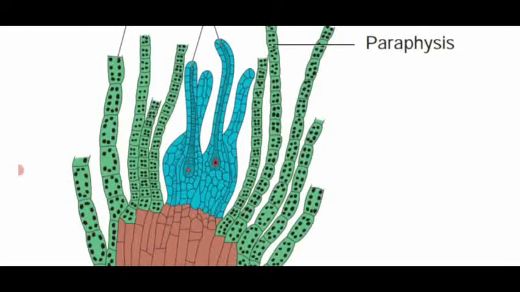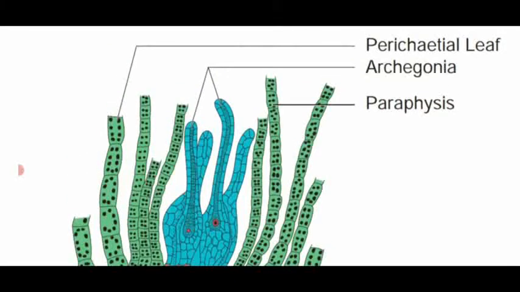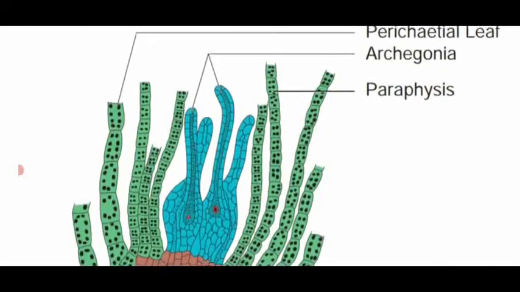On the inner side of the archegonial branch, it consists of many archegonia. These archegonia are also separated by a leaf-like organ known as paraphysis. These archegonial clusters are protected by leaves known as perichaetial leaves.